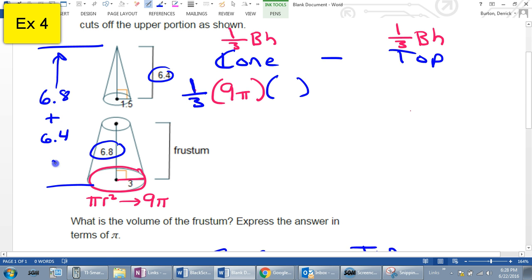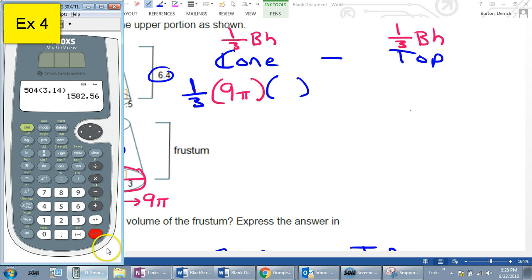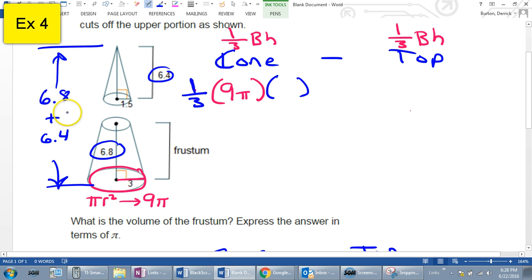Okay, that will give you the whole height. 13.2. Okay, so that's 1/3 area of the base times the height. So that was the full cone, the big cone. Now I'm going to do the same thing with the little cone. So again, I'm going to need 1/3, and I'm going to need the area of the base, and I'm going to need the height.